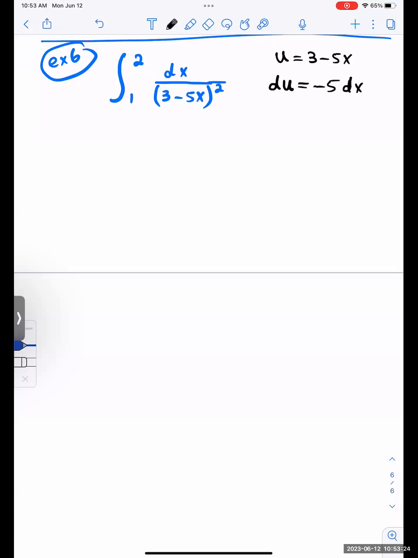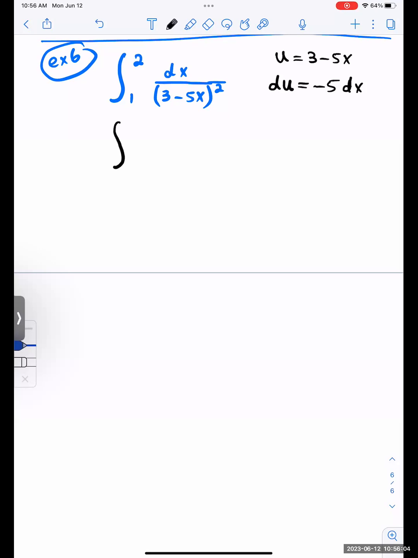So I want you to go on, substitute dx with its equivalent, substitute 3 minus 5x with its equivalent and see if you can evaluate the integral. You may recalculate the bounds, the lower bound and upper bound, or you may find the final answer and substitute it back.